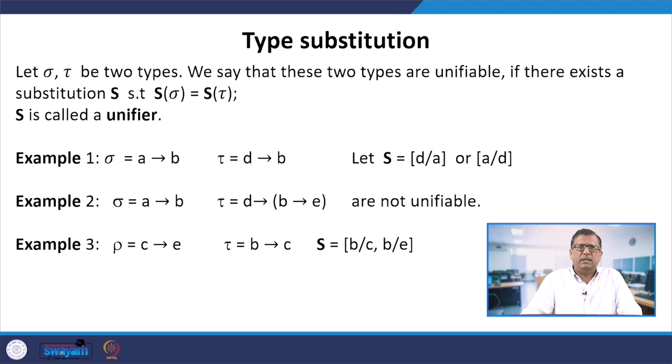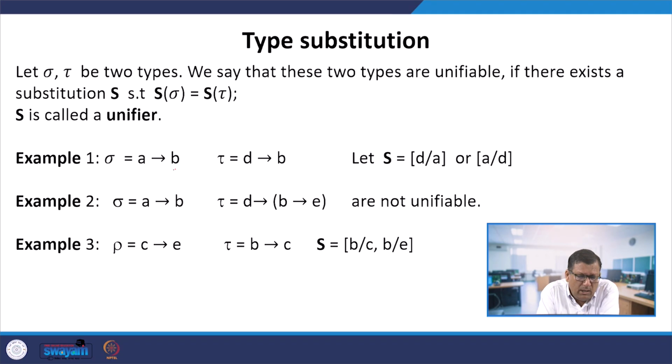We say that these two types are unifiable if there exists a substitution S such that the substitution of S onto sigma is the same as the substitution of S onto tau, and in this case S is called the unifier. So, consider the following examples where you have sigma is A arrow B and tau is D arrow B.